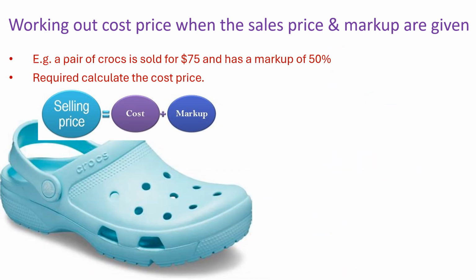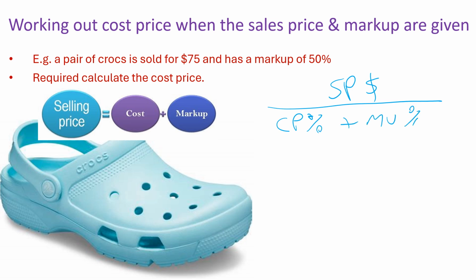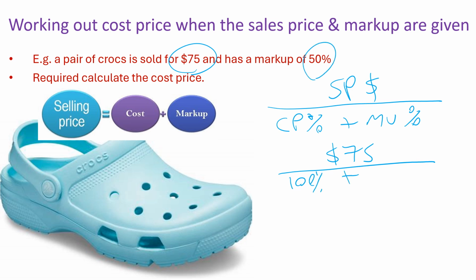Let's go again. So we've got some crocs here. Formula, SP in dollars, sales price, over our CP as a percentage, plus our MU as a percentage. Our sales price is $75. Our CP as a percentage is always going to be 100%, which equals 1. And our markup this time is 50%.